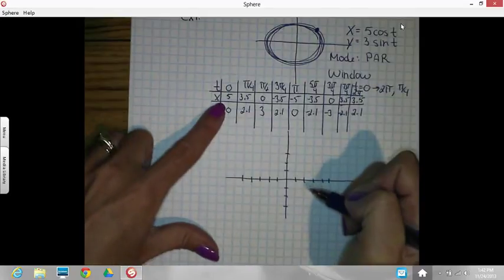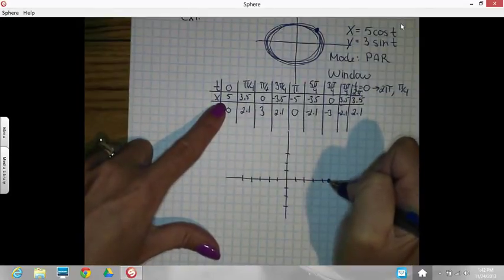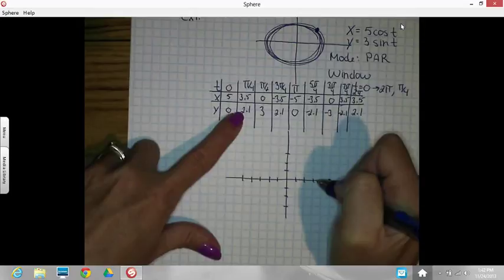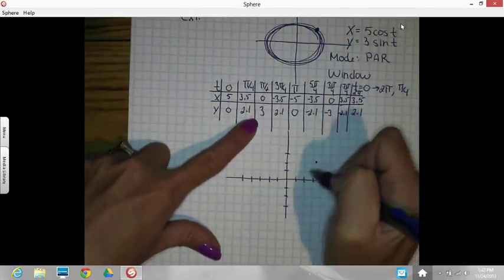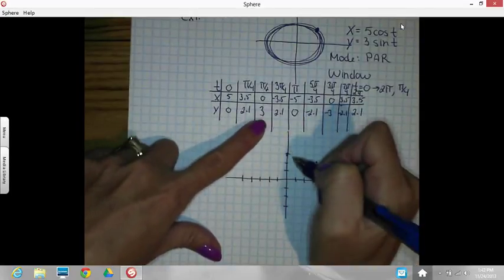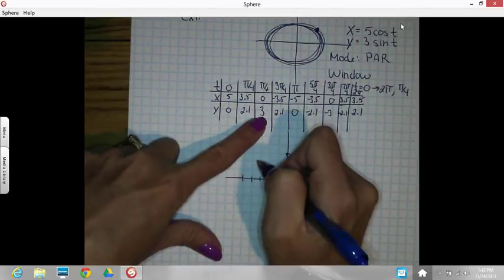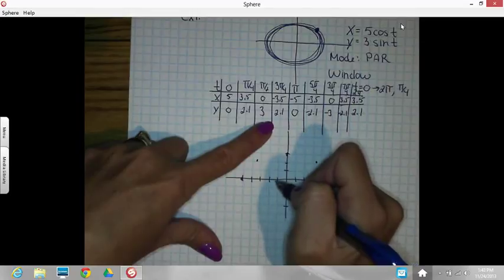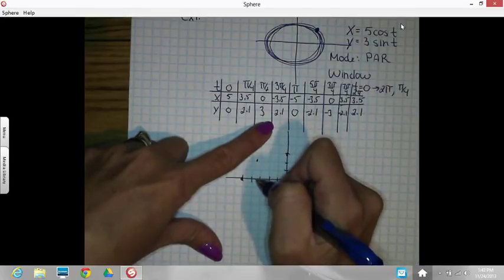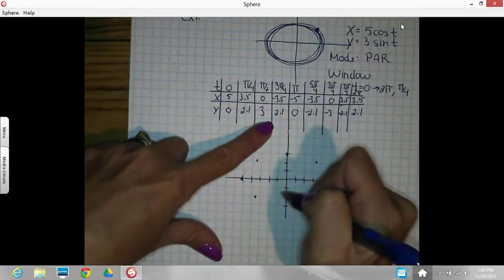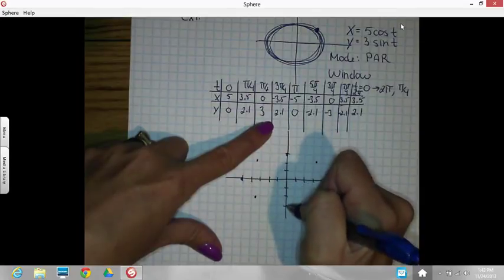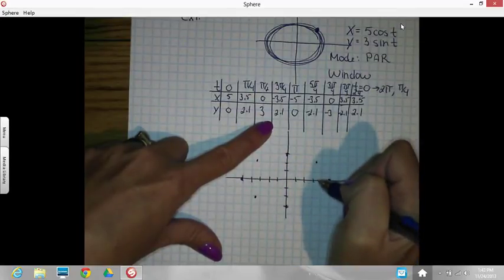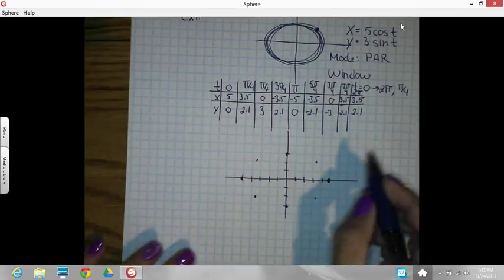So when x is 5, y was 0. 3.5, 2.1, 0, 3, negative 3.5, 2.1, negative 5, 0, negative 3.5, negative 2.1, 0, negative 3, 3.5, negative 2.1, and then there's our ellipse.